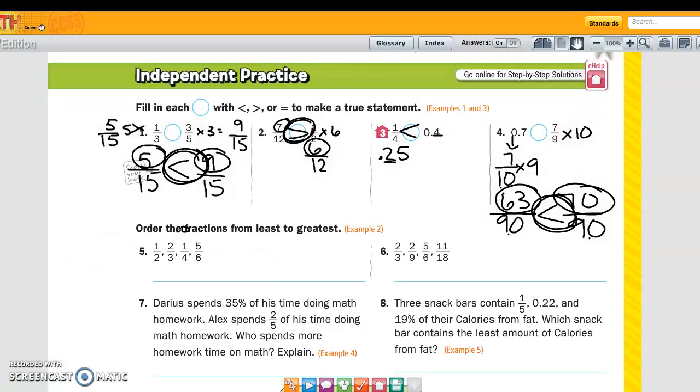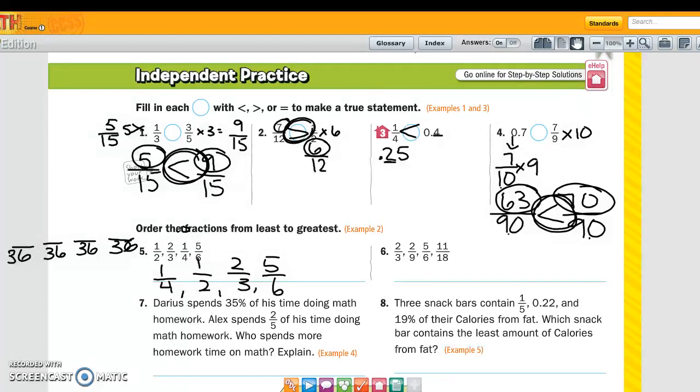Okay, let's take a look at this problem right here. We're going to order these fractions from least to greatest. I know that I can make all 4 of those into 36. Some of you may just be able to look at it and be like, I know it's 1/4, 1/2, 2/3, and then 5/6. Some of you can't do that though, so we're going to make the common denominator 36.